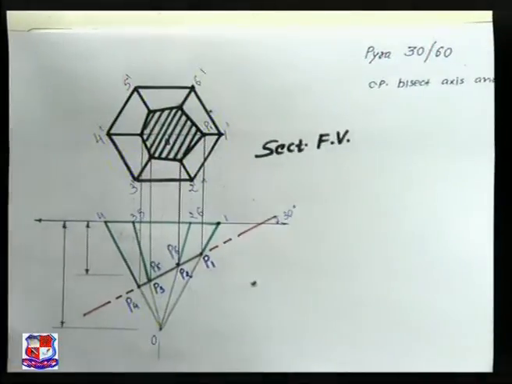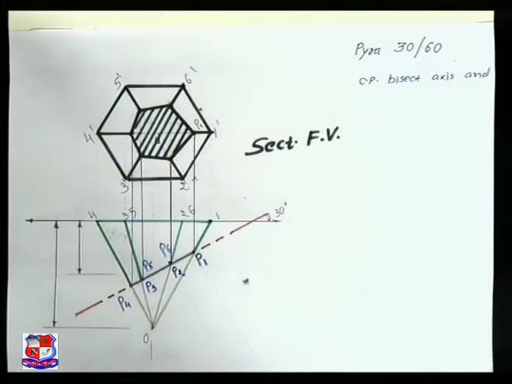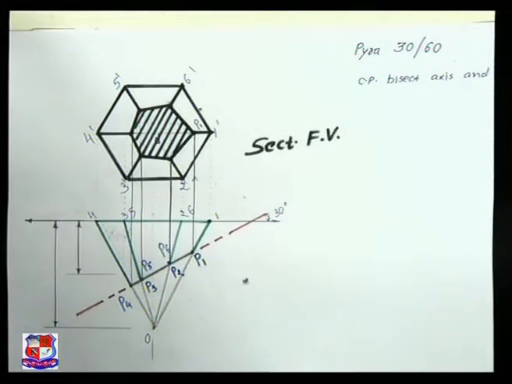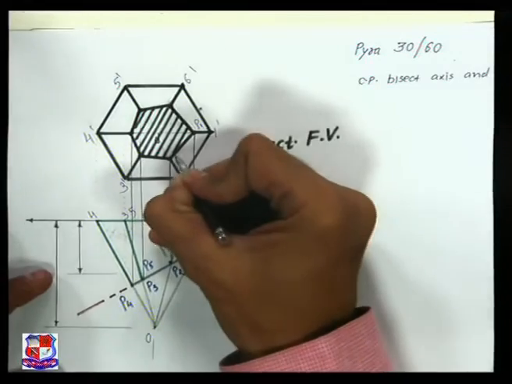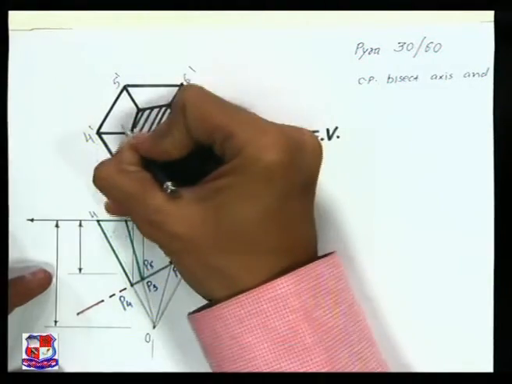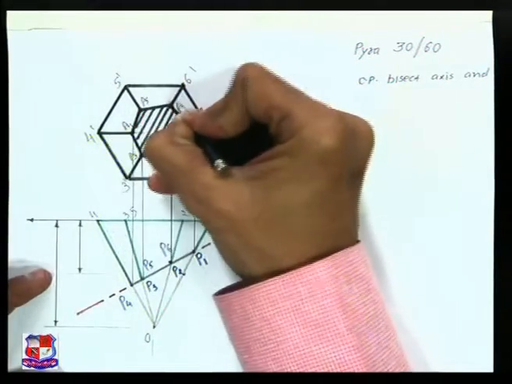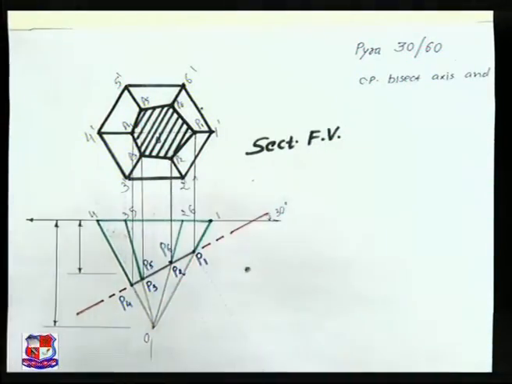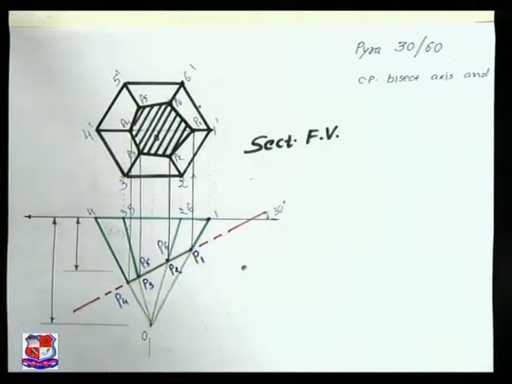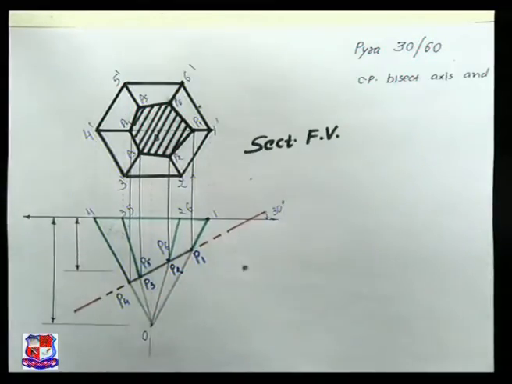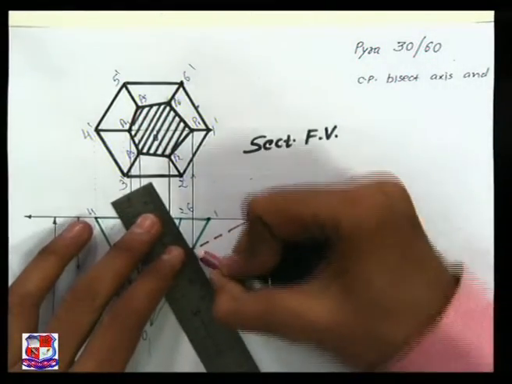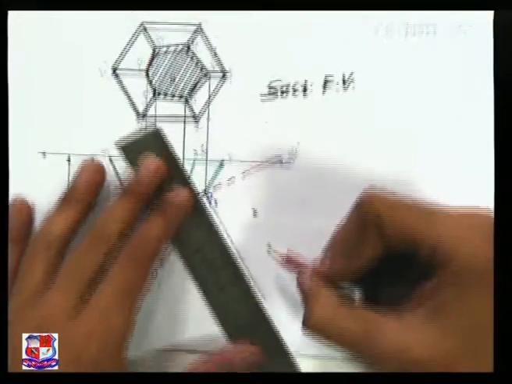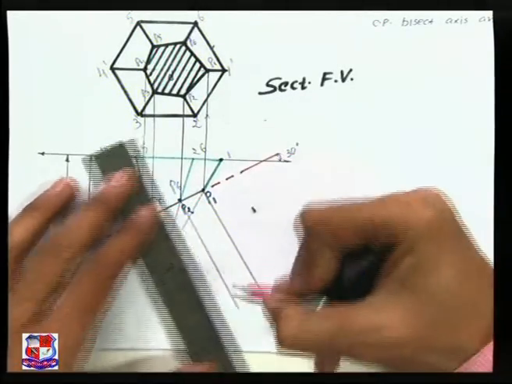Now how to draw the true shape? Yes, the same steps would be there. Name the points P1, P2, P3, P4, P5 and P6 over here, and from all these points P1, P2, P3, P4, P5 and P6 draw lines perpendicular to this cutting plane line, like this.